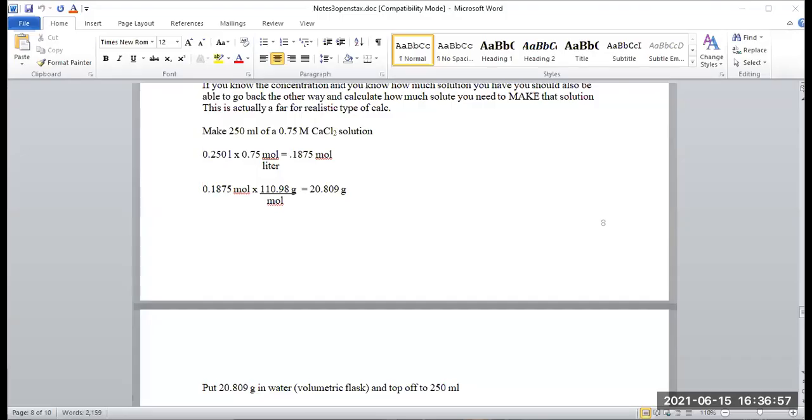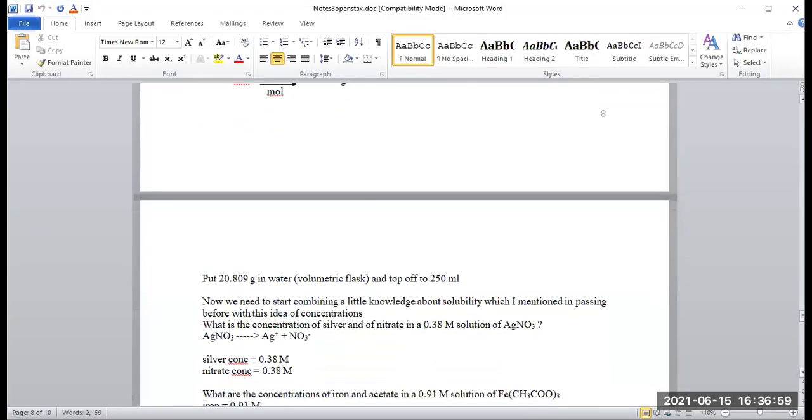Those are more typical sizes. All right, so you would put your mass, your 20.809 grams of powdery stuff, into your flask and add a little water, swirl it so it mixes, and then fill it up slowly until you actually reach the mark that is on the neck.